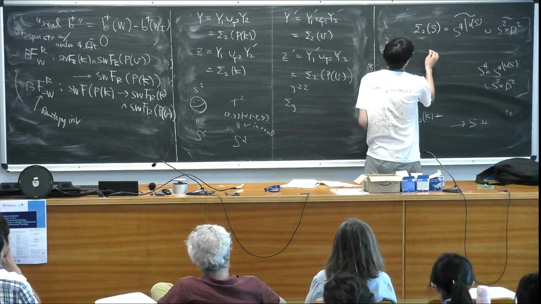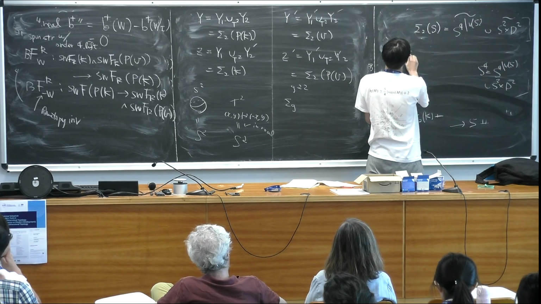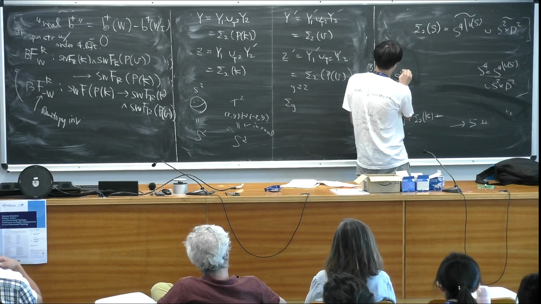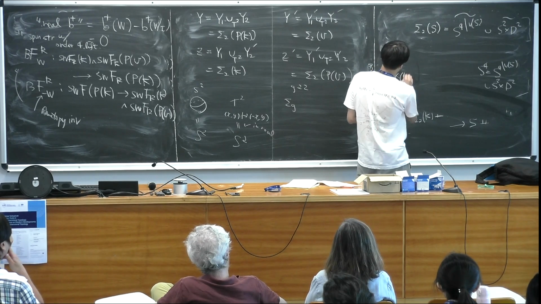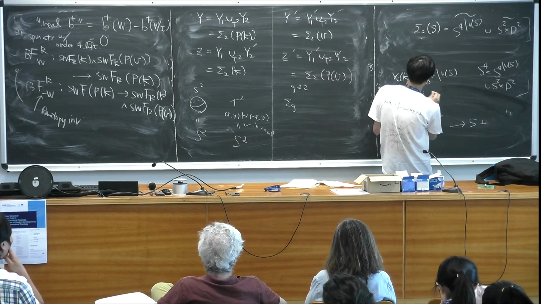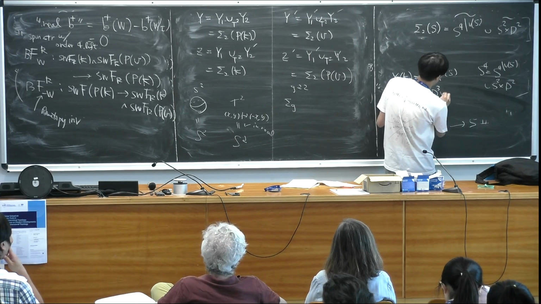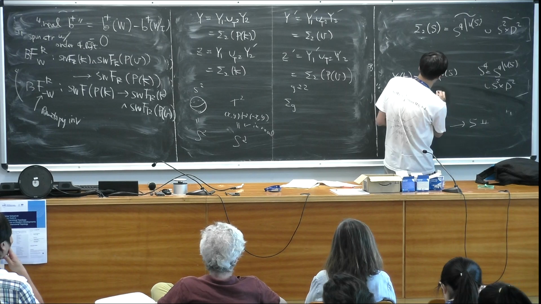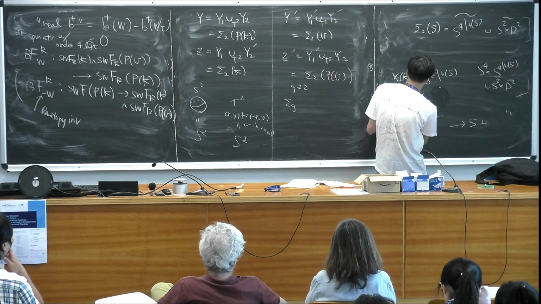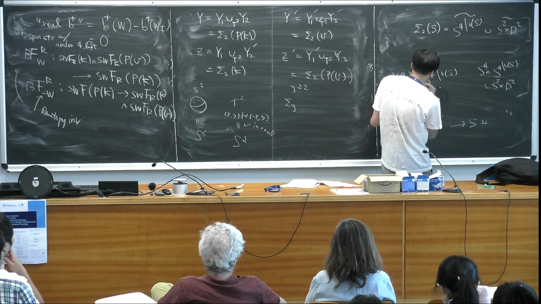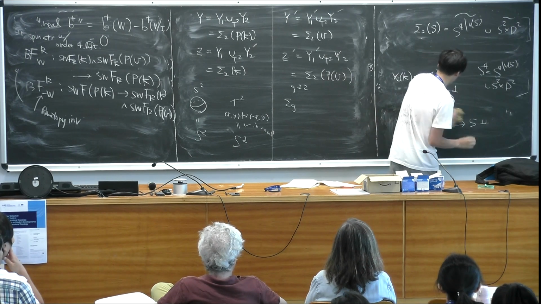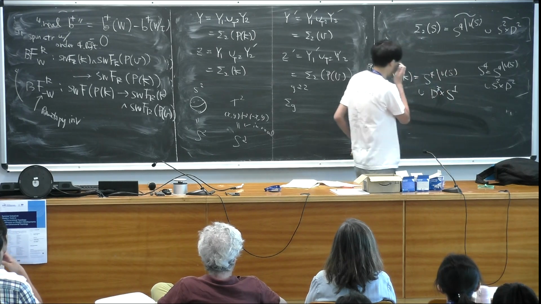And for the surgery, we have similar things, right? The surgery is S4 minus the neighborhood of this, union D3 times S1. So this is the meaning of surgery in the 5-dimensional setting.